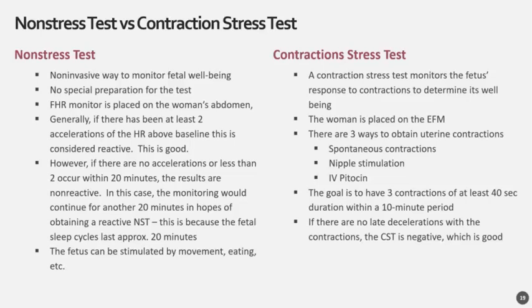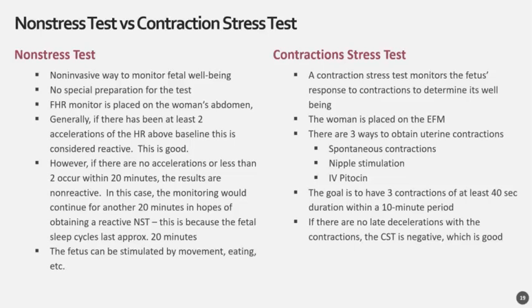Generally, if there has been at least 2 accelerations of the heart rate above baseline, the accelerations must be at least 15 beats per minute above baseline and last for at least 15 seconds to be considered. This is considered reactive, and this is good.